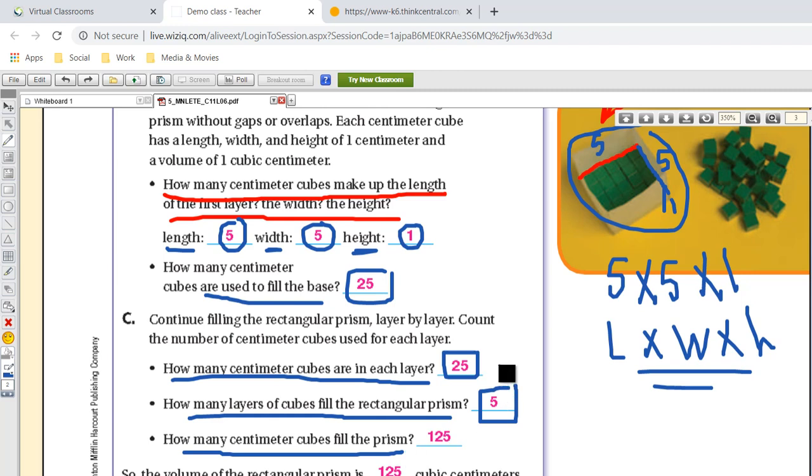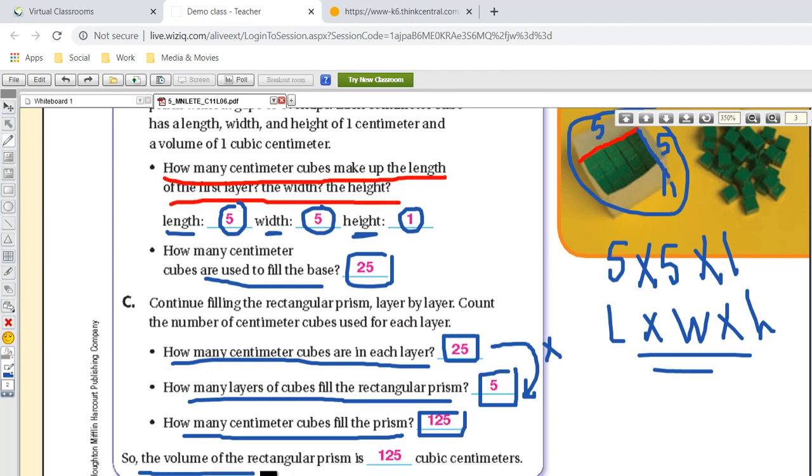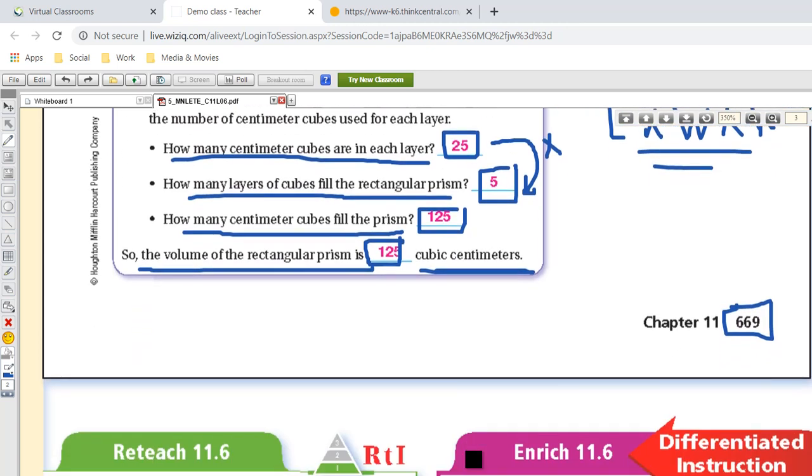All you have to do is multiply them together to get the volume of the whole rectangular prism. So the volume of the rectangular prism equals 125 cubic centimeters. Okay, this is about how to understand the volume. Now let's move to our examples.